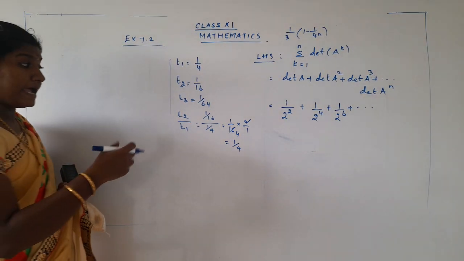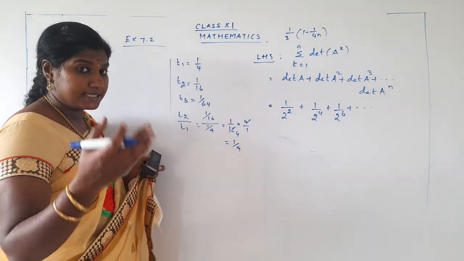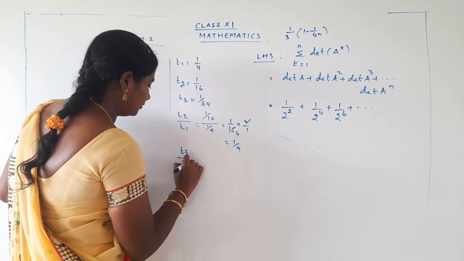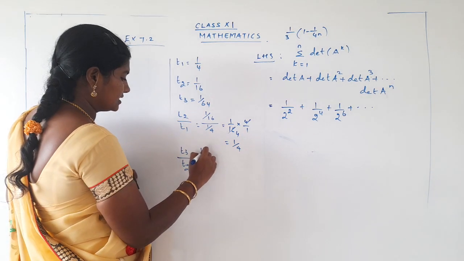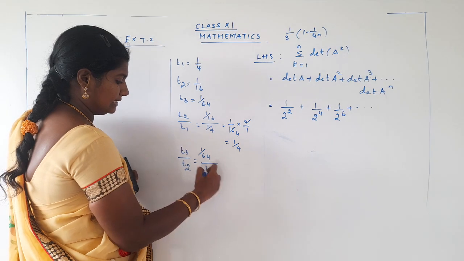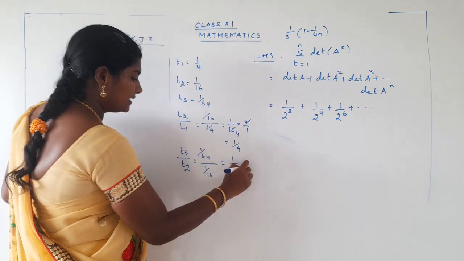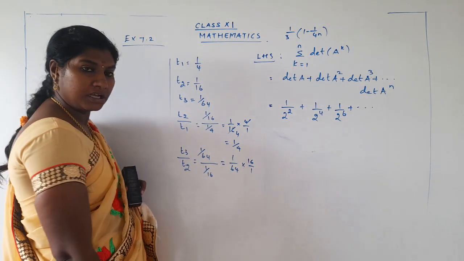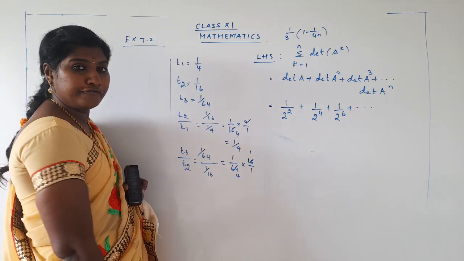Clear? Now I'll check one more ratio because I have to check whether the ratios are same. So I have found T2 upon T1. Now I will find T3 upon T2. What is T3 upon T2? T3 is 1 upon 64, and what is T2? 1 upon 16. Same procedure: take the numerator part as it is, and take the reciprocal of the denominator, that is 16 upon 1. 16 ones are 16, 16 fours are 64.